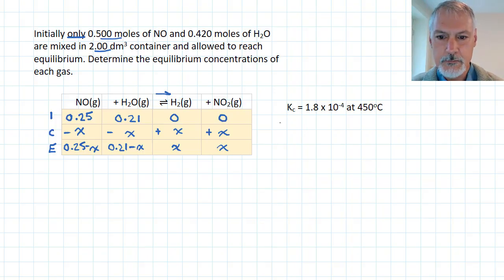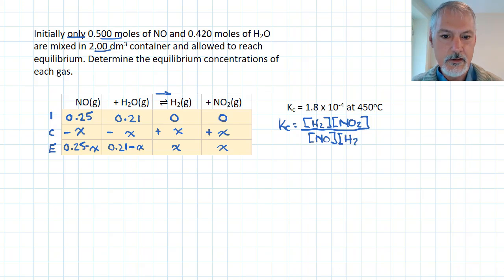We'll turn now to the equilibrium expression. It says I need the concentration of hydrogen times the concentration of nitrogen dioxide divided by nitrogen monoxide and my water vapor. Now, putting in the values that we've got, 1.18 times 10 to the minus 4.